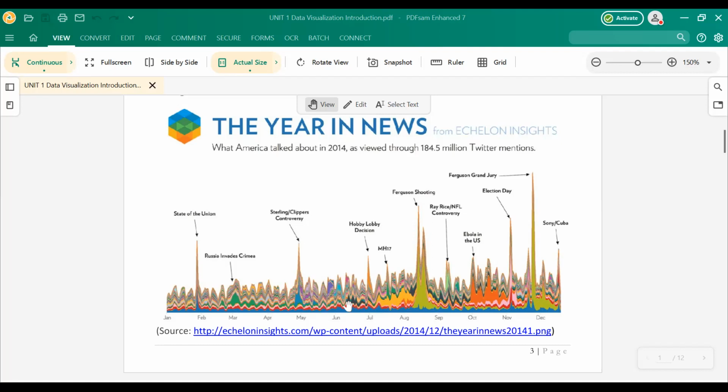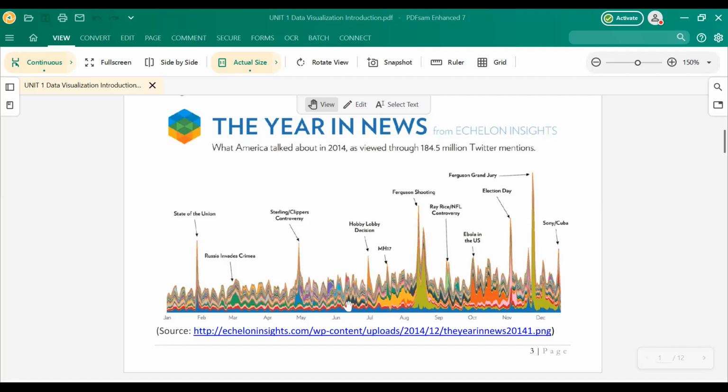State of the Union was the first topic that was trending in the year, right? But if you put it in any order, if you put every month's data, then as a reader, you have to put a lot of effort to understand what's going on, right? So the way you choose the scale, the way you choose the graph, what graph should you plot, right?